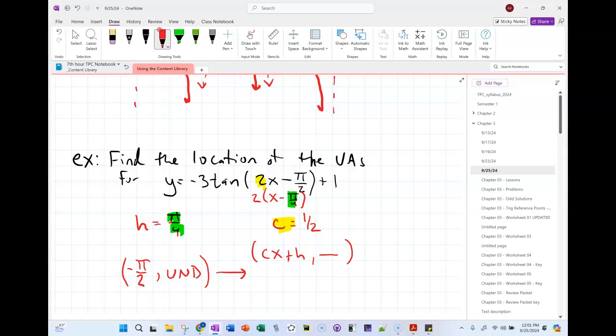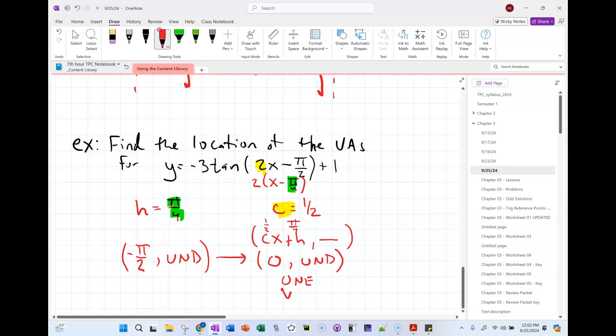Now, to transform it, all I need is the cx plus h part, because nothing happens to undefined, right? So my c was 1/2, and my h was pi over 4. So that's going to turn into 1/2 times negative pi over 2, which is negative pi over 4. If I add pi over 4 to that, that's going to be 0. Everybody okay with that? So that's just the location of one vertical asymptote.